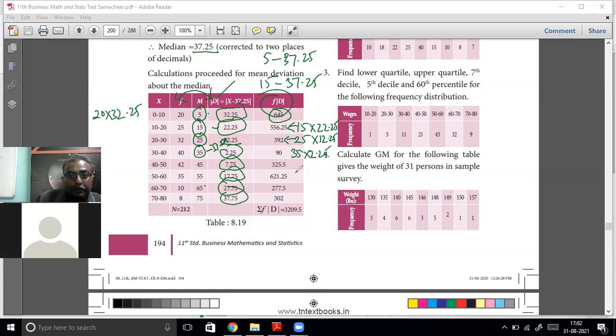And 45 into 7.75, that is 325.5. Then 55 into 17.75, 621.2. 65 into 27, that is 270. Then 75 into 37.75 gives you 302.